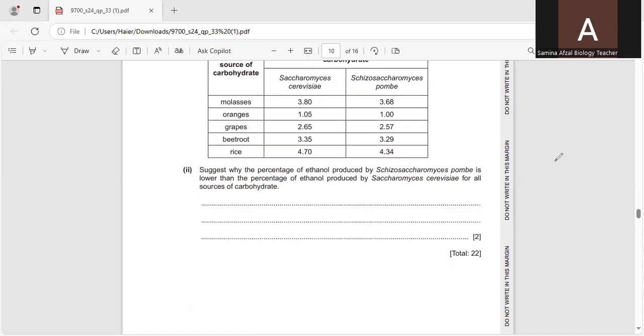Every different type of carbohydrate, quite possibly due to changed pH or temperature, the results are different.